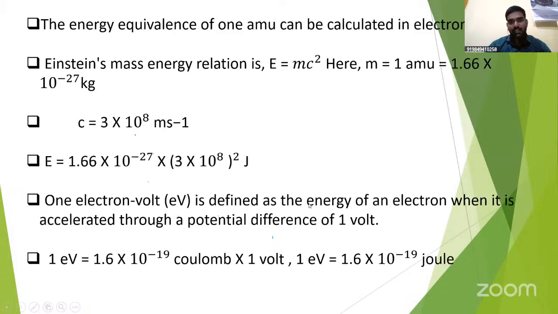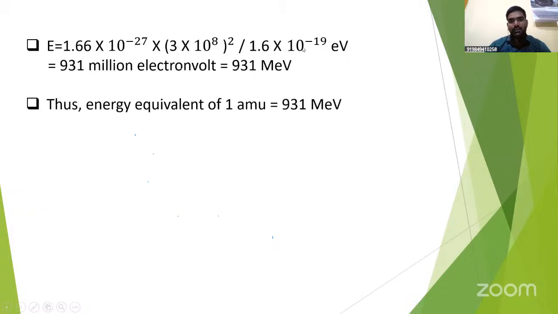1 electron volt is 1.6 into 10 power minus 19. We have divided by this so that you will get the value in electron volts. So 931 million electron volts. How much is the energy? The energy will be 931 million electron volts, that is mega electron volt.